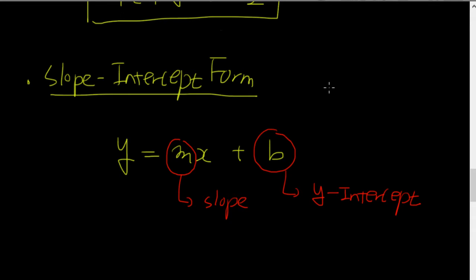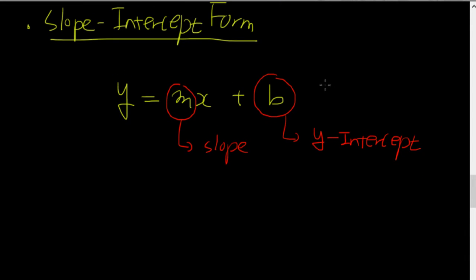A nice thing about this slope-intercept form is that when you see the actual equation, you can almost guess the graph of that equation. You can almost guess what it looks like.